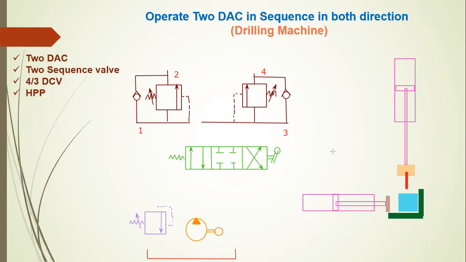This is the two double acting cylinders, two sequence valves, 4 by 3 direction control valve, and one hydraulic power pack. We completed all the drawing of the required components for the drilling machine hydraulic circuit. Then after that we have to connect all the hydraulic components with hydraulic line.